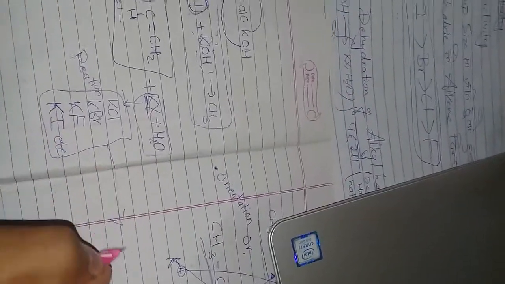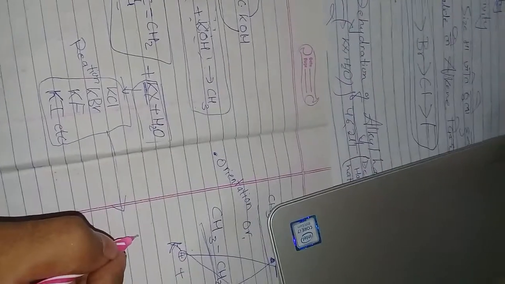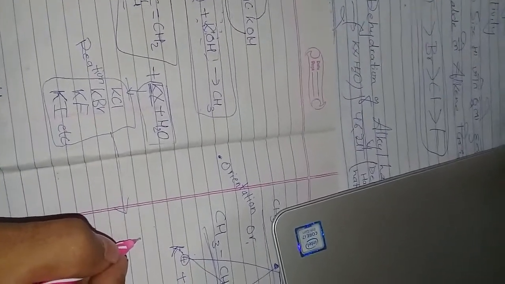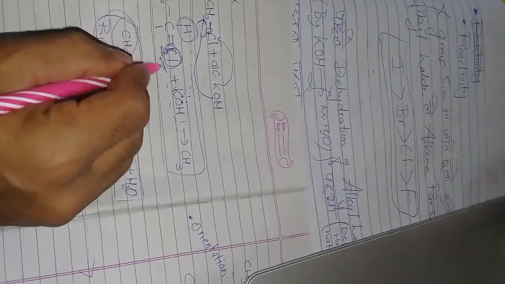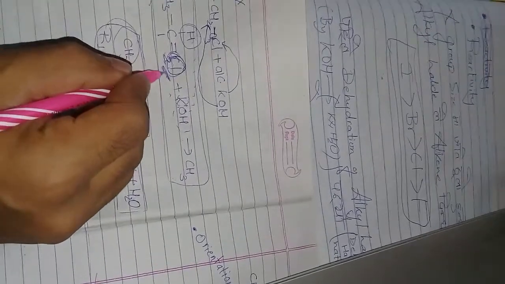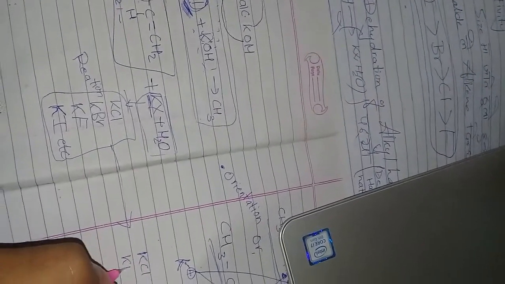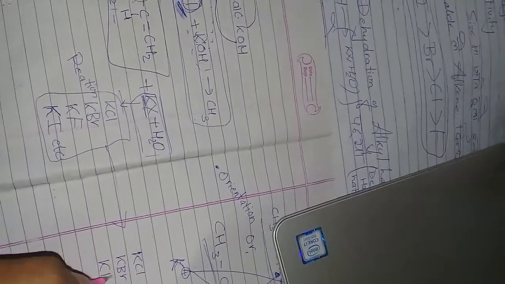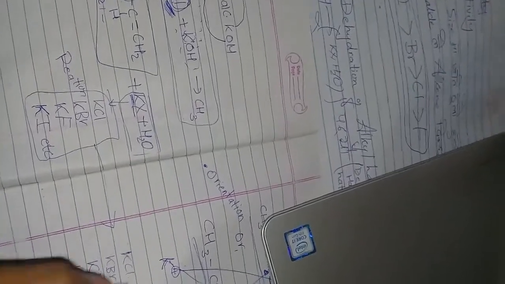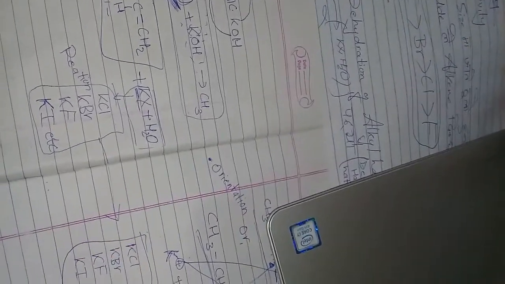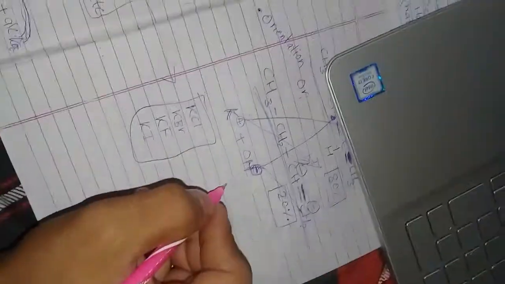Next thing is reactivity. If alkyl halide is used, then we can get any product, for example KCl, KBr, KF, KI. So what determines the reactivity of alkyl halide?